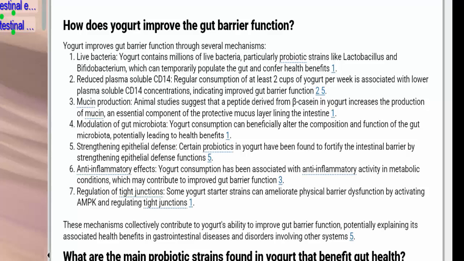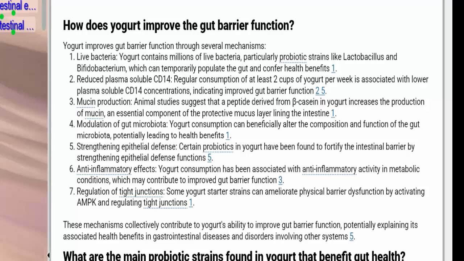Modulation of gut microbiota. It can beneficially alter the composition and function of the gut microbiota. It strengthens epithelial defense. Certain probiotics in yogurt fortify the intestinal barrier by strengthening epithelial defense functions. It has anti-inflammatory effects, and it regulates tight junctions.